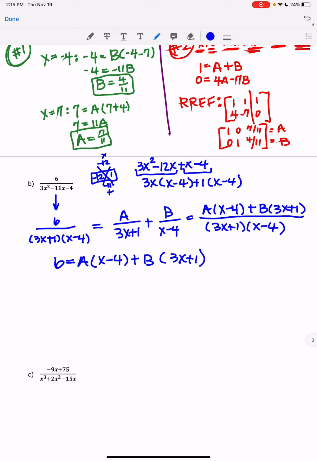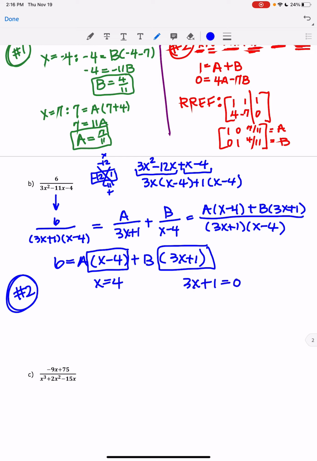So we're going to do number 2 here. If you wanted to do number 1, you figure out what can you get to make this equal 0. So you'd have x equals 4. And then what can you do to get this equals 0? If you set that equal to 0 and solve, then you'd have x equals negative 1/3.